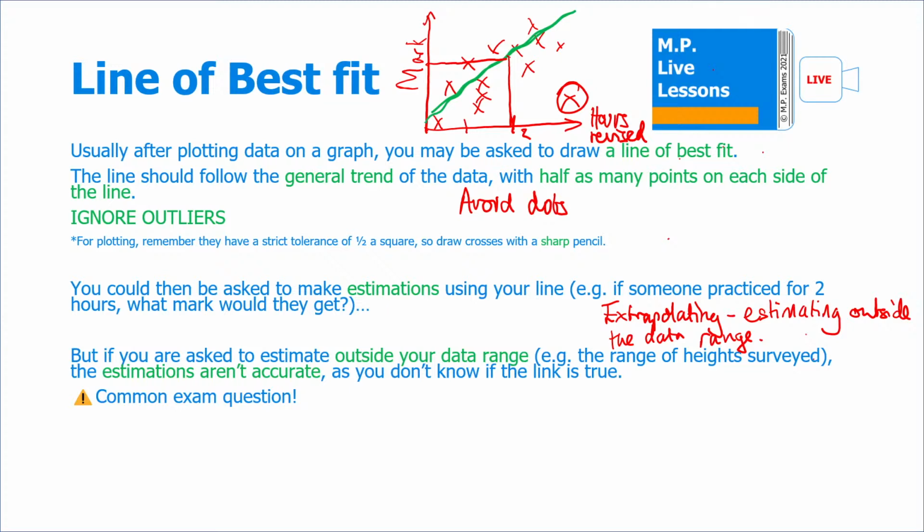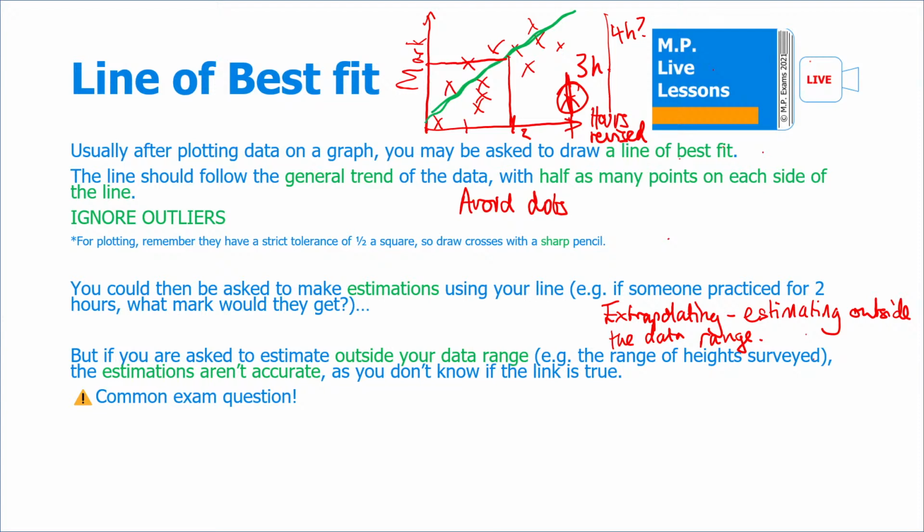If I repeat it again, for example, let's say the most number of hours someone revised in a survey was 3 hours. You can't estimate for 4 hours, because that's outside your data range and you don't know what the trends are like beyond your data.